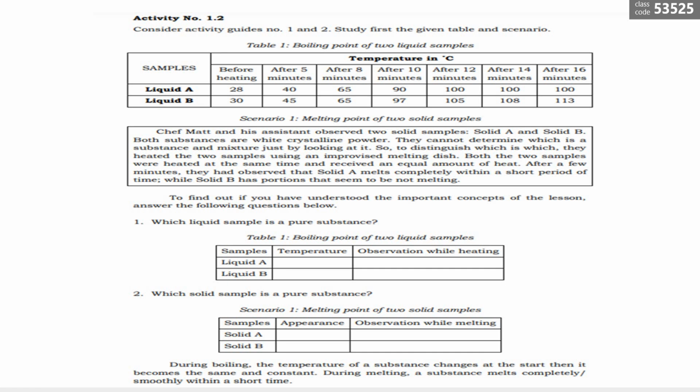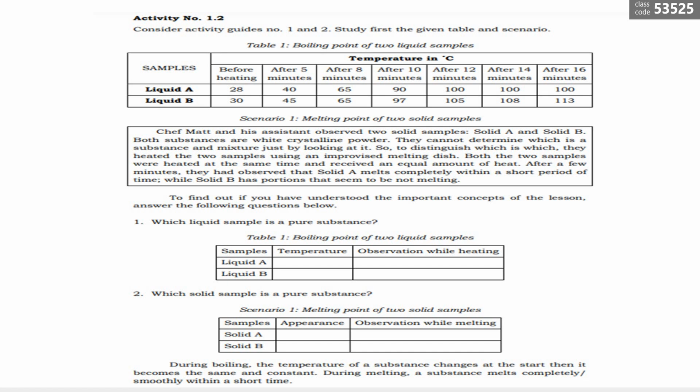Let's move on with the next slide. Let's have activity number 1.2. Consider activity guides number 1 and 2. Study first the given table and the scenario. Table 1. Boiling point of two liquid samples. Given samples, liquid A, liquid B. Before heating, liquid A is 28, liquid B is 30. After 5 minutes, liquid A is 40, liquid B is 45. After 8 minutes, they have the same: liquid A and liquid B are 65.